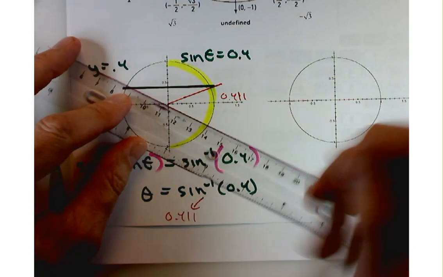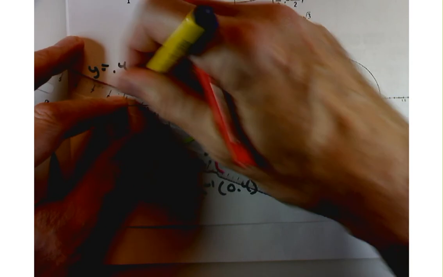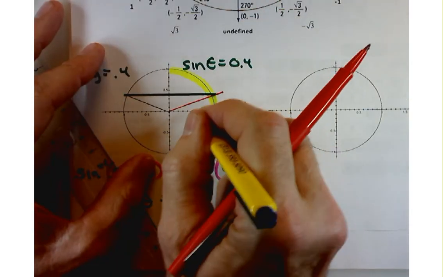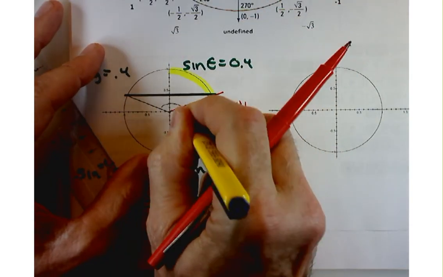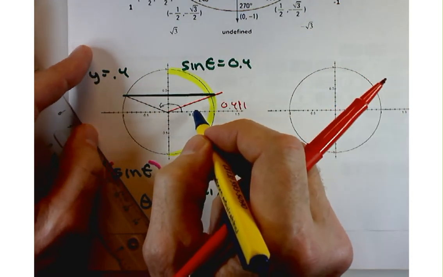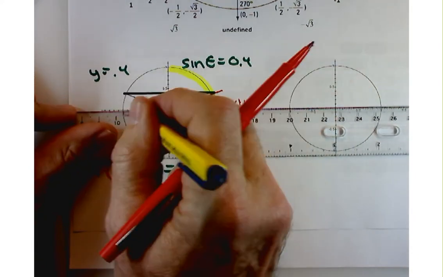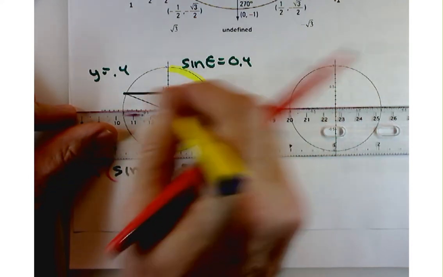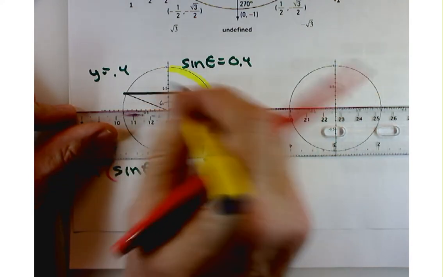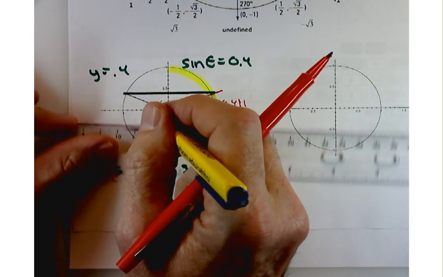What we want is to find the angle starting here and ending up here. I know an angle that's kind of close to it. If I started here and went all the way to the x-axis, what angle would that be? 180. What would it be in radians? It'd be pi.